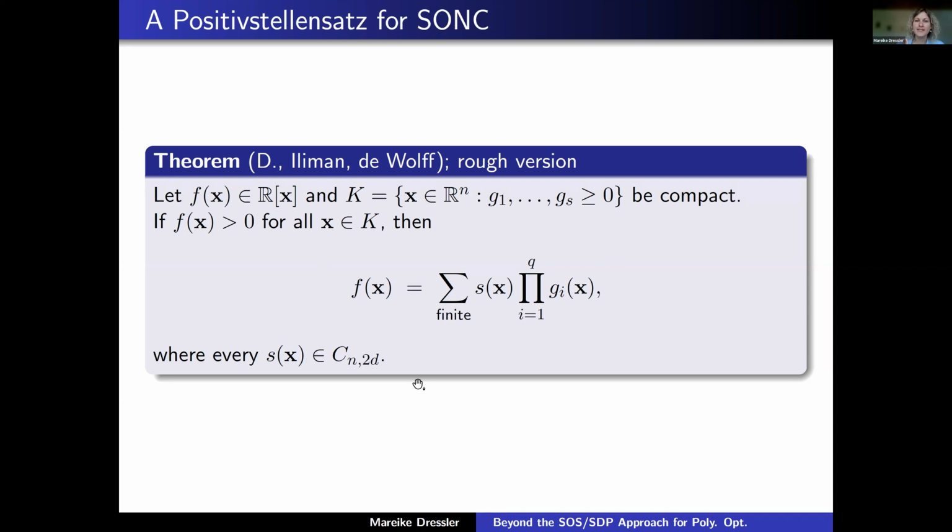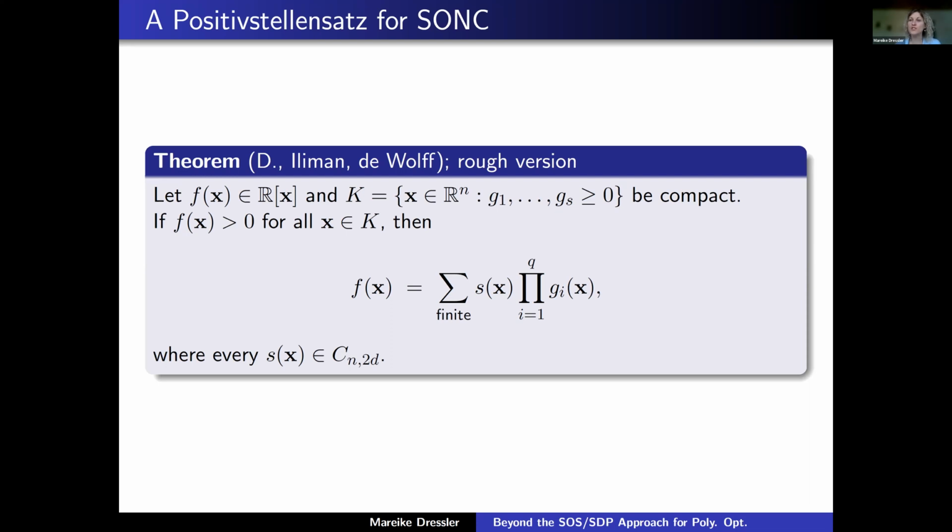So this holds in the same way also for sums of squares, right? Where we have here, instead of SONC polynomials, sums of squares, and this was the Schmüdgen Positivstellensatz. This also holds for SONC.